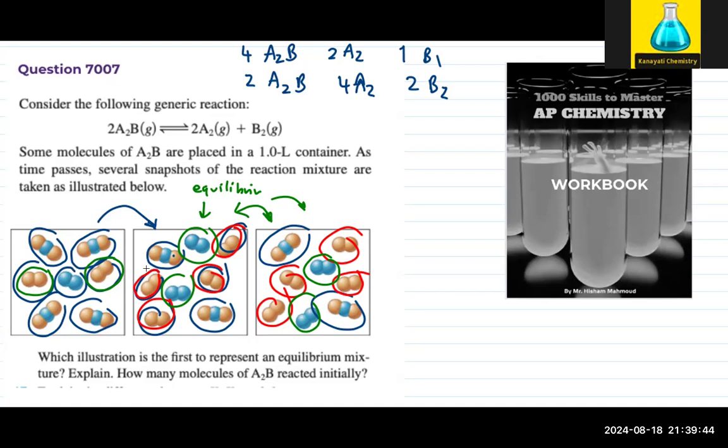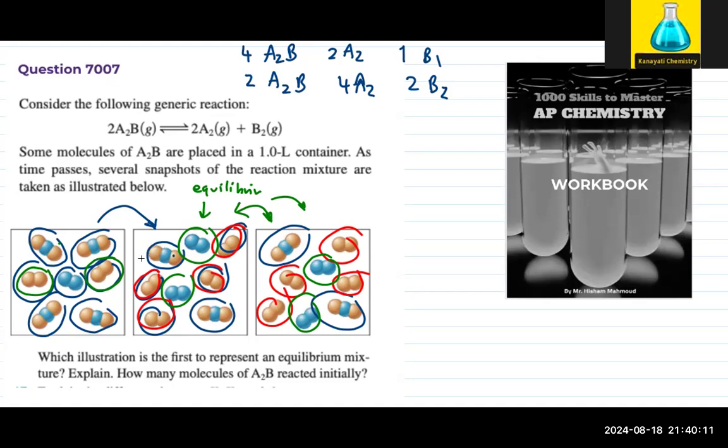From the balanced reaction, there are 2 A2s. So instead of 1, 2 here, it becomes 2 A2. So this means that this has not changed. So from the balanced equation, 1 P2 is formed because there is 1 P2 here. So when these two were decomposed, they formed 1 P2 molecule.